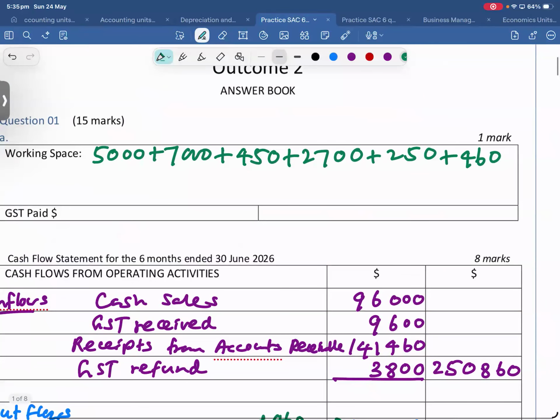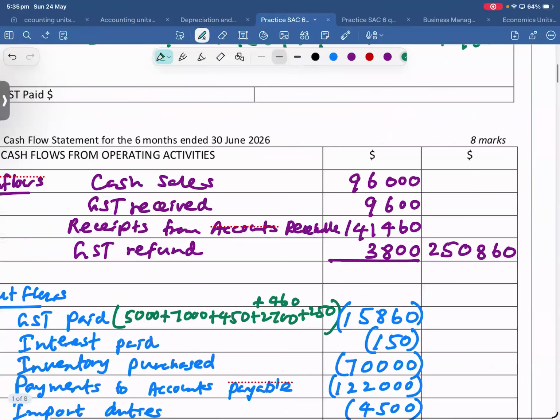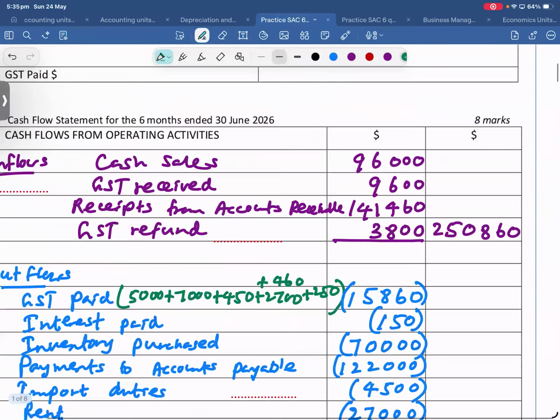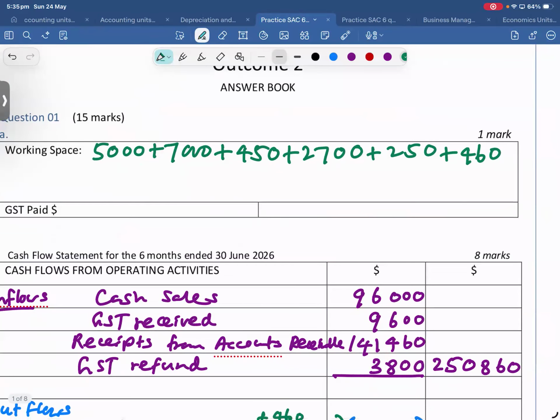So see, I don't have to do GST separately. But the only thing is you need to train your brain to do that. That's it. Okay. Next one, guys. Technically, that's it for the cash flow. Now it's a matter of adding, right? So we'll start from the GST paid.